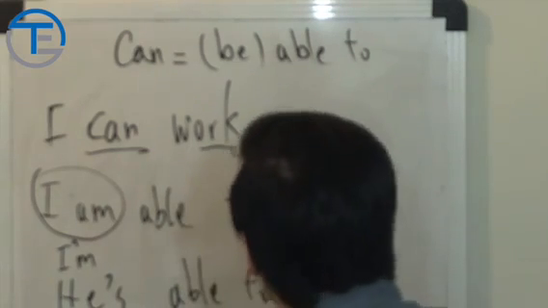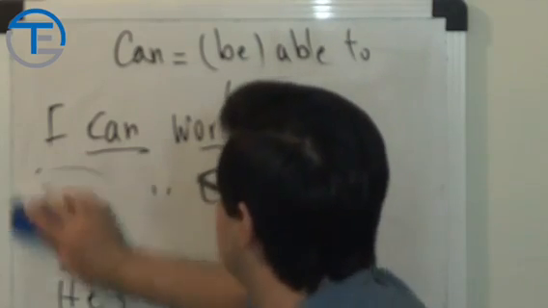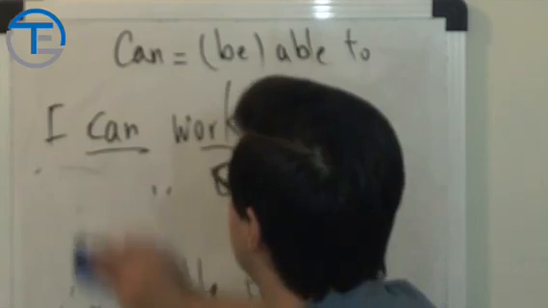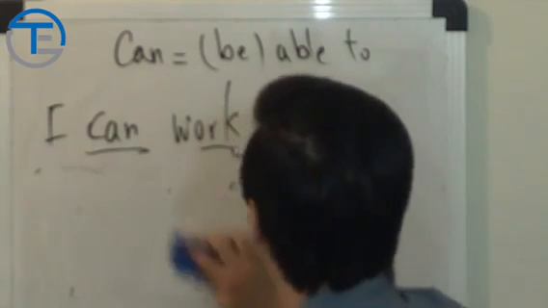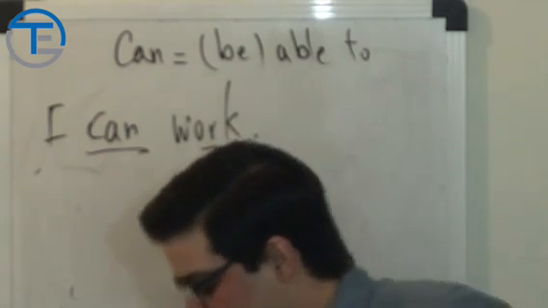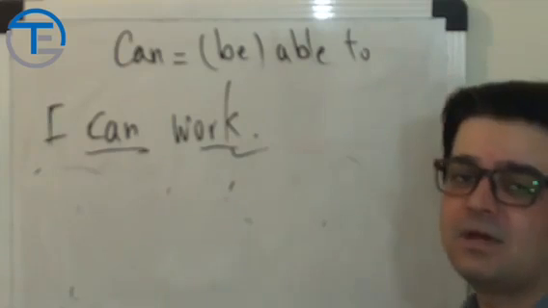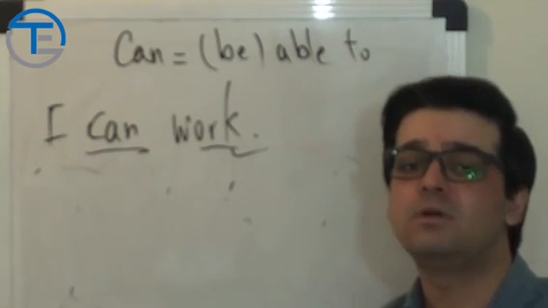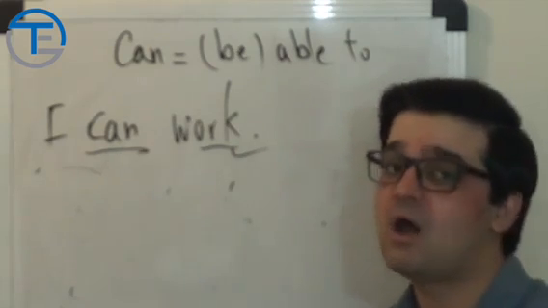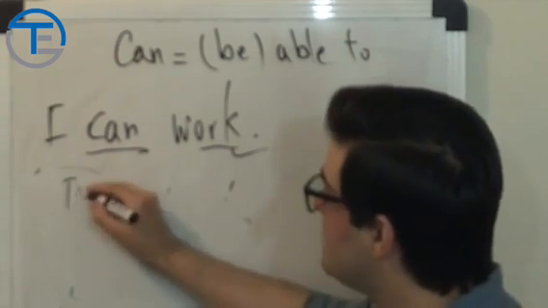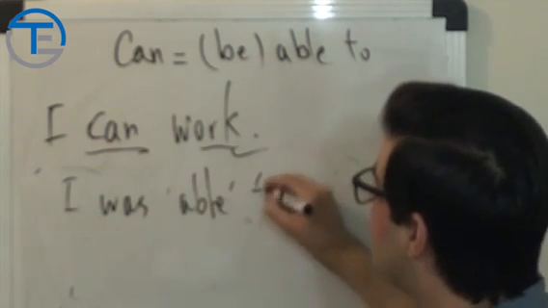If you want to make a sentence in the past, so the verb be in the past are was or were, depends on your subject. For example, for I, you say I was able to work.